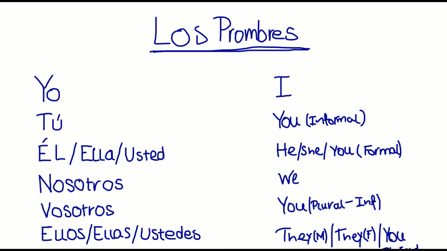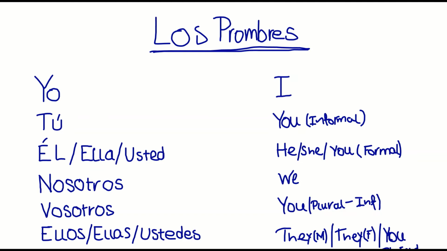Now, there are regular verbs and irregular verbs in Spanish grammar. But most of the verbs are categorized by the endings that they have. The verbs will always end in either AR, ER, or IR.